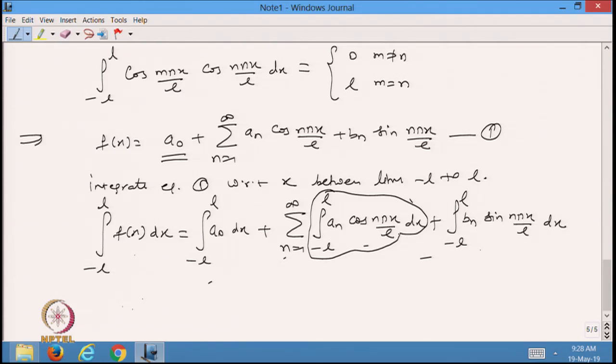So, sin n pi is always 0. Similarly, minus L gives sin n pi, which is also 0. So, this will always be 0. Similarly, the same case is here.